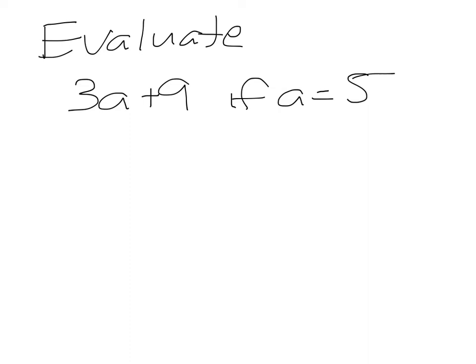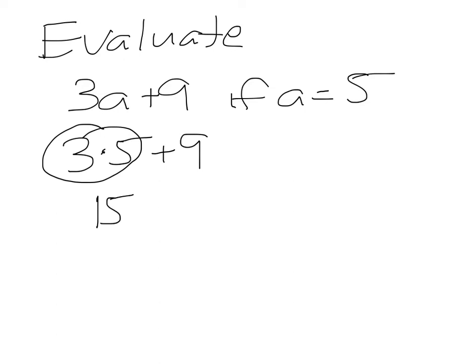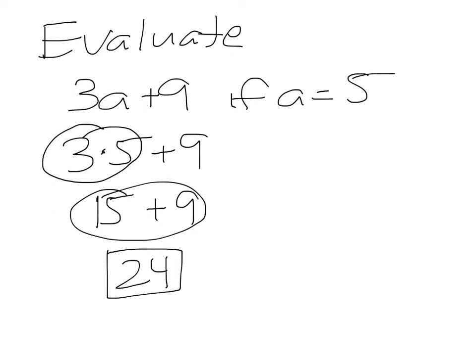I'm going to replace the A with 5: 3 times 5, because 3A means 3 times A. It doesn't mean 35. It is times, plus 9. Using the order of operations, 3 times 5 is 15, plus 9 is 24. So now I have evaluated the expression for a given number.